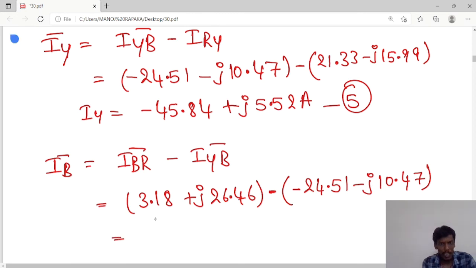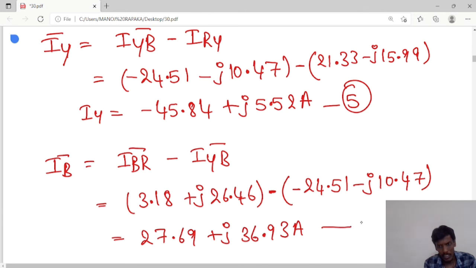So the value of IB will be 27.69 plus j36.93 amperes. This is the sixth equation, the IB value.